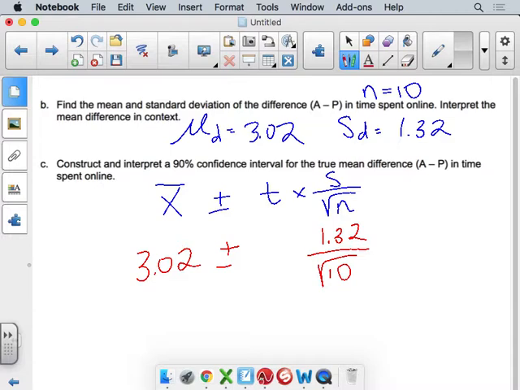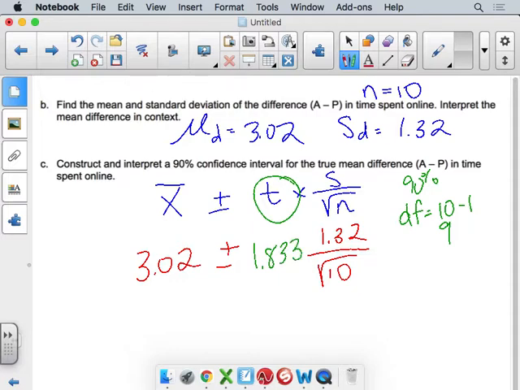And then the T, so I've got 90% confidence, degrees of freedom is 9. So I'm gonna look it up on my table. 90% degrees of freedom 9 is 1.833, is what you should find.